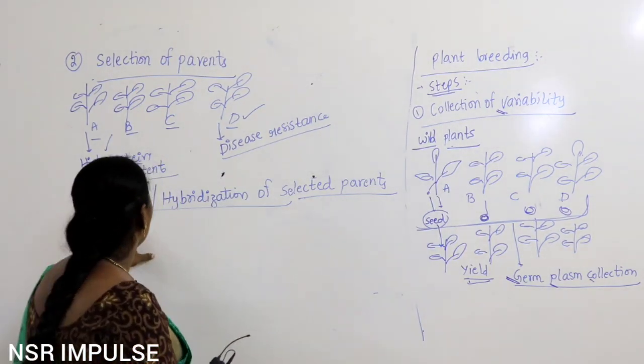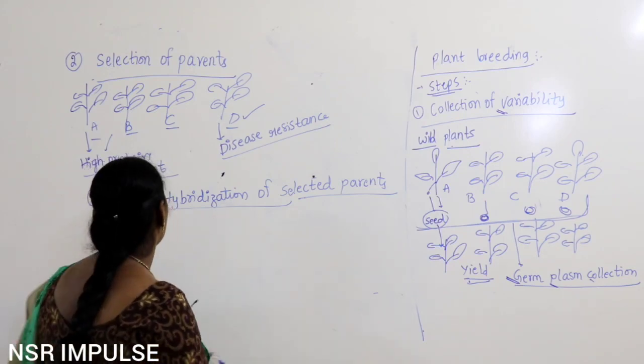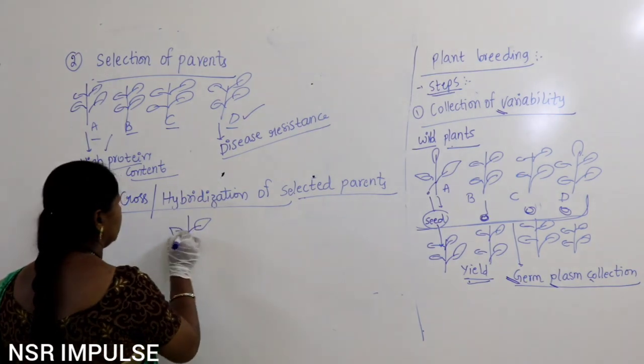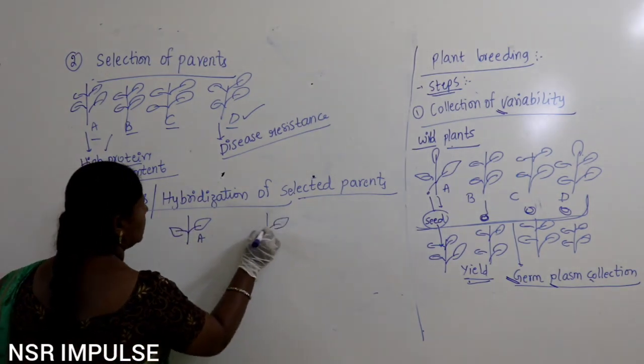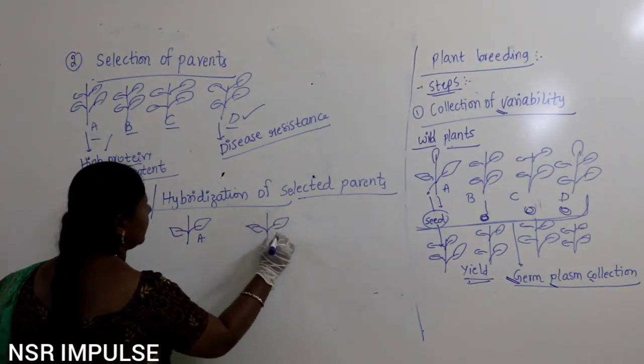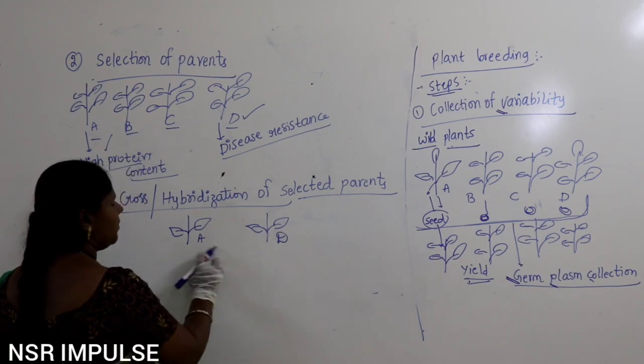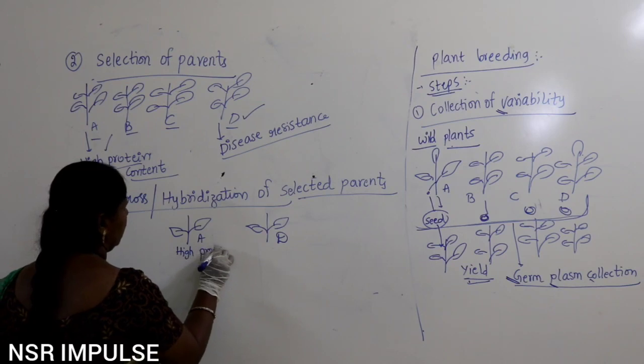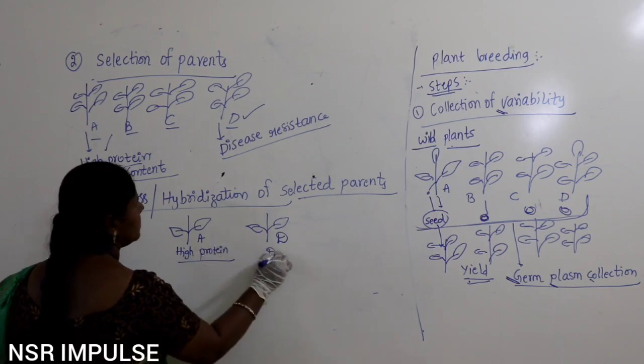Now if you take the cross or hybridization of selected parents, what do we do now? Let us take plant A, let us take plant B or D we can take. Now these two plants, one is high protein, another one is disease resistance.